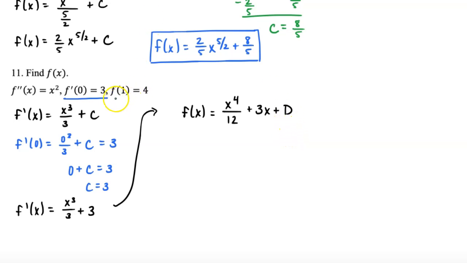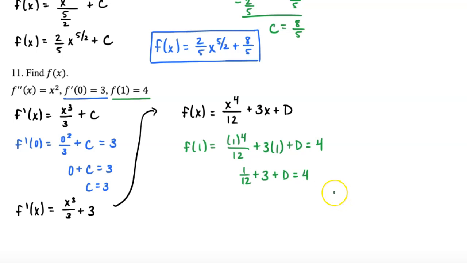Just a different letter for a constant. Okay, now I've got one more initial condition that can help me solve for d. I've got that f of 1 is equal to 1 to the 4th power. Let's clean that up a little bit. That's 1 to the 4th power divided by 12 plus 3 times 1 plus d, and I have that this must be equal to 4. All right, so now 1 to the 4th is still 1, so that's going to be 1/12 plus 3 plus d equals 4.